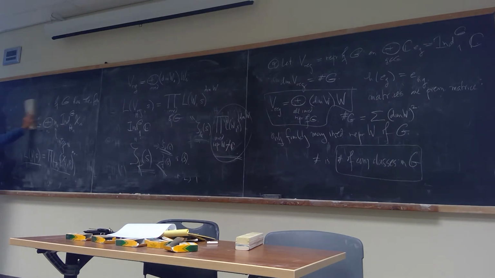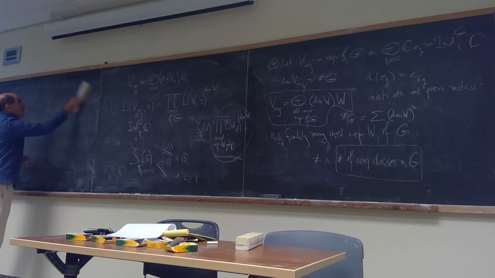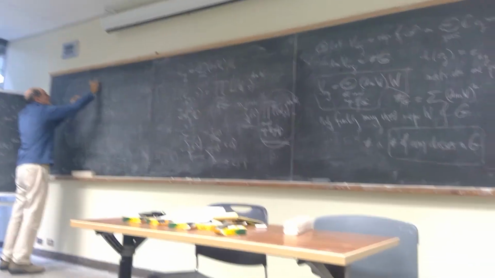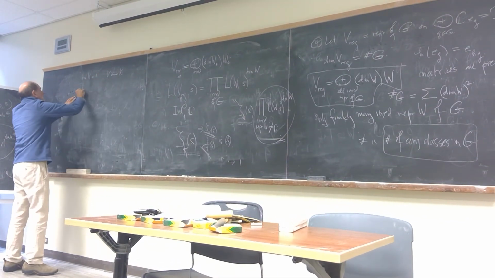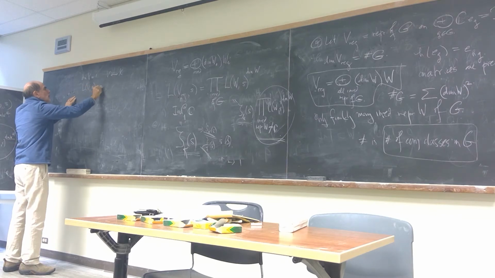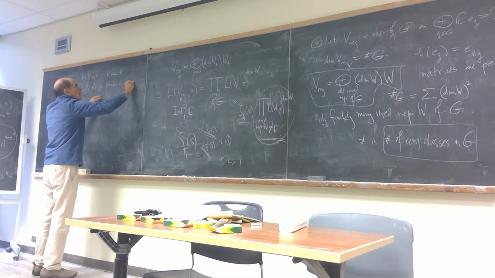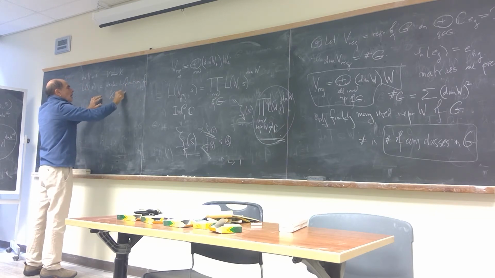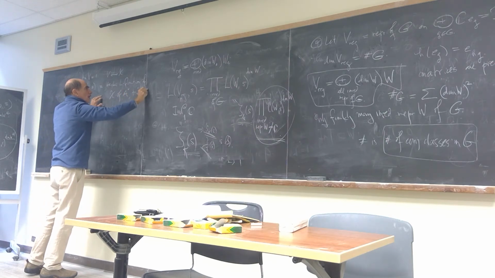You see, in abelian cases, the dimension is 1. So if the dimension of V is 1, V corresponds to a character, and L(V, s) is equal to some Hecke L function of a character of A star trivial on K star.